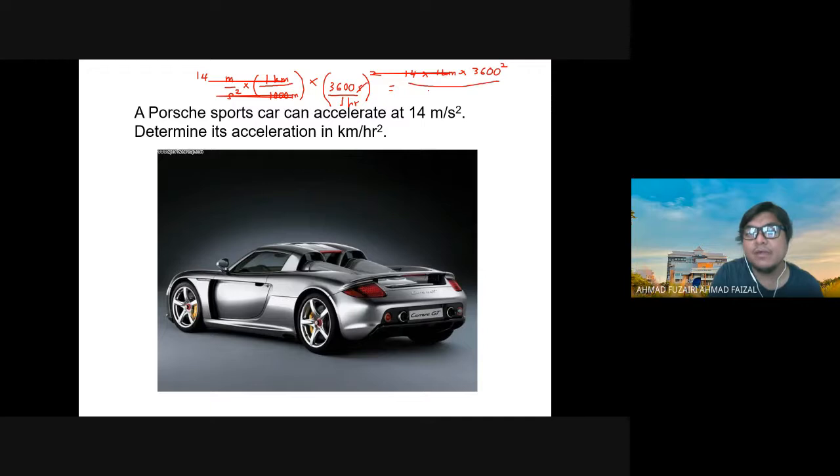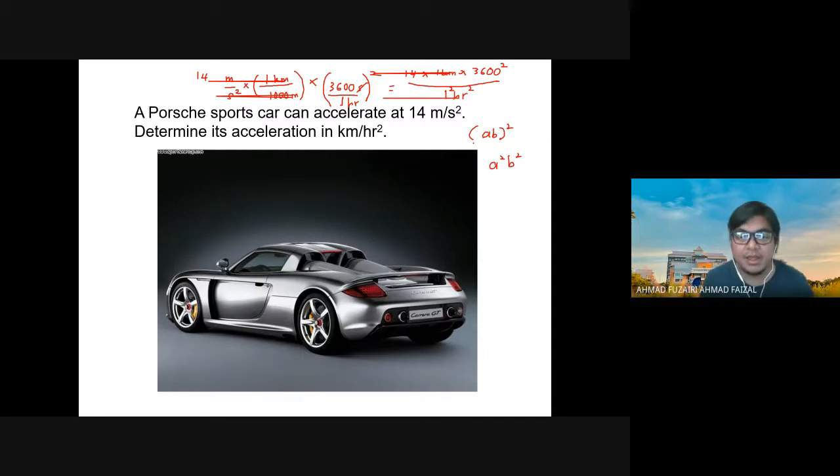Okay, divide with 1 hour square. 1 square tak apalah sebab dia 1 juga kan. 1 square, hour square. Remember always refer to a, b square. Konsep dia a square, b square. Everybody inside the bracket mesti kena square. So that should be how you do the unit conversions.